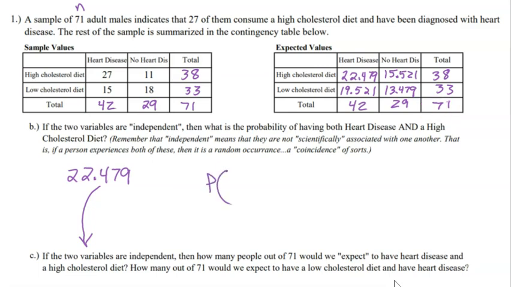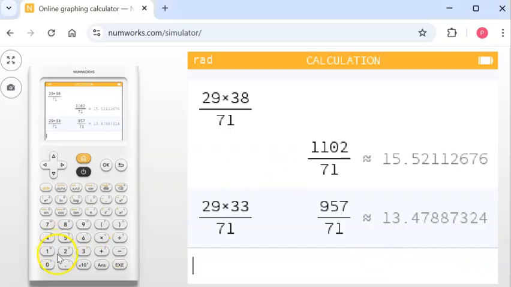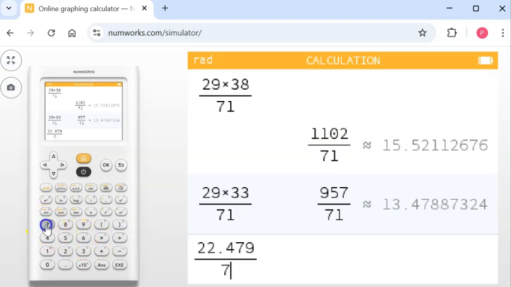So the probability of heart disease, let's write it like this. The probability of heart disease and high cholesterol is going to be equal to our expected value, 22.479, divided by our sample size, 71. Let's go to the calculator. 22.479 divided by 71.